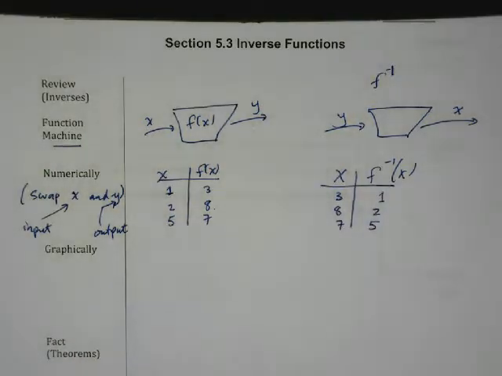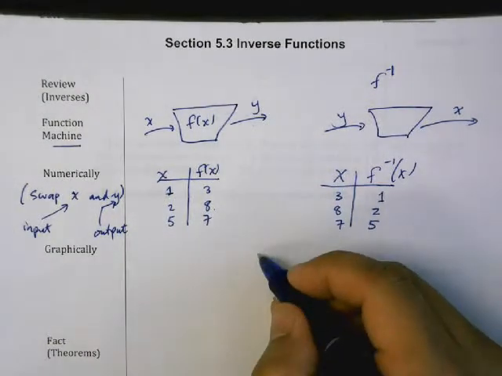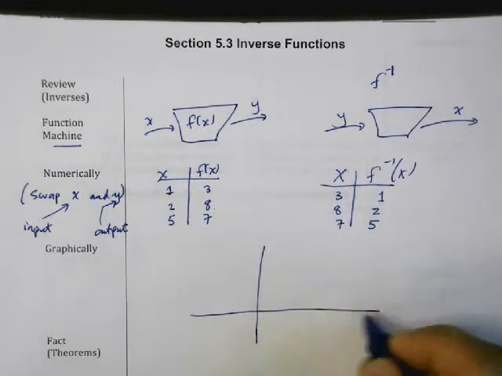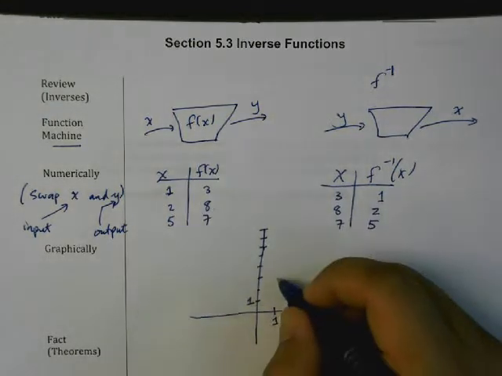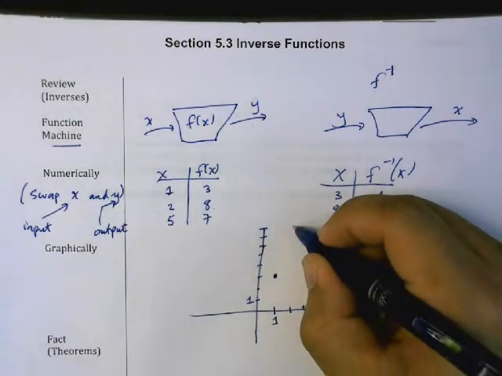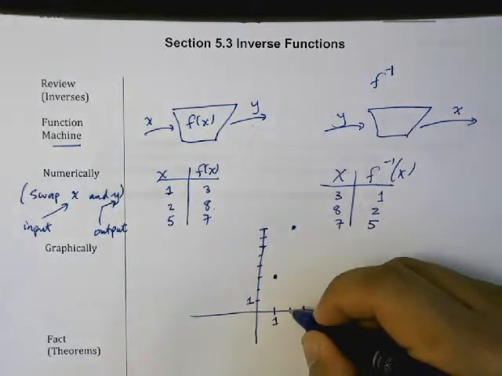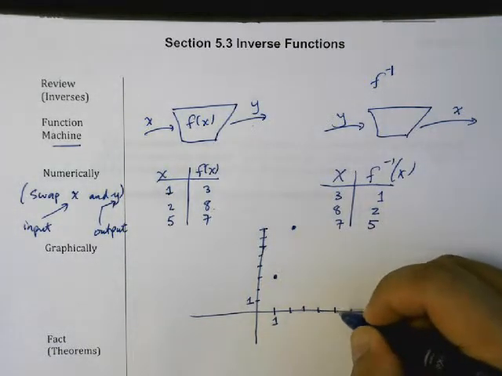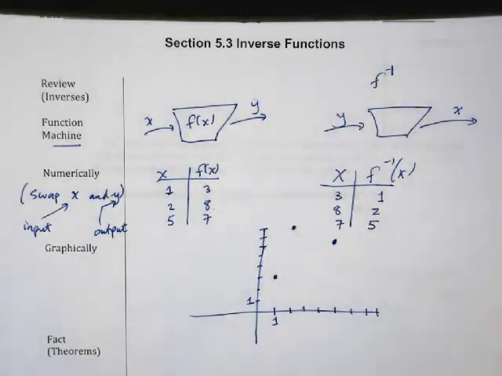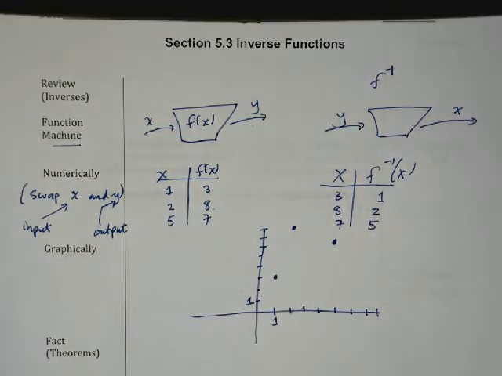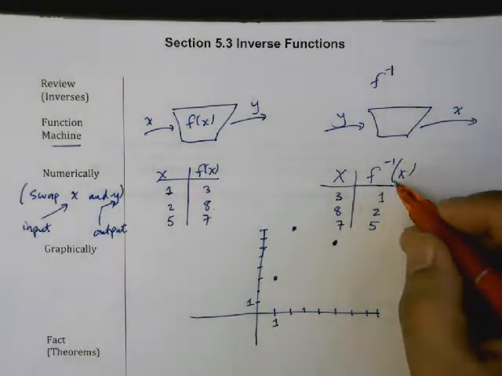Well, what about graphically? If I were to graph these numbers, 1, 3, 2, 8, 5, 3, 4, 5, 7. These blue dots here represent f of x, and then I were to graph f inverse.